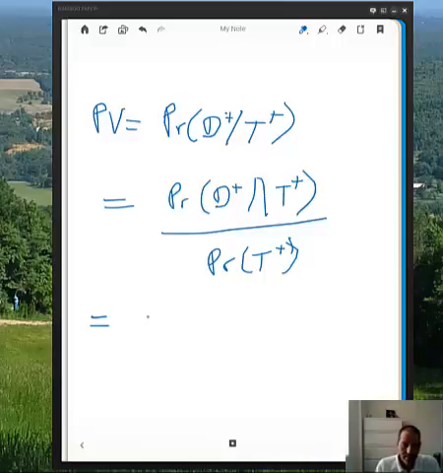and we know from the multiplication rule that this is the probability of, well, we're already doing the probability of D given T, so let's do the probability of T given D, right? So probability of test plus given that one has the disease, and we know that this is actually the sensitivity times the probability of having the disease.